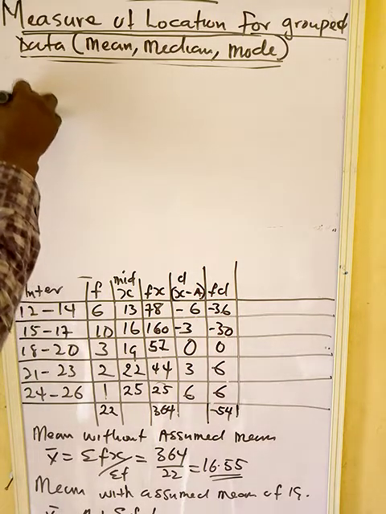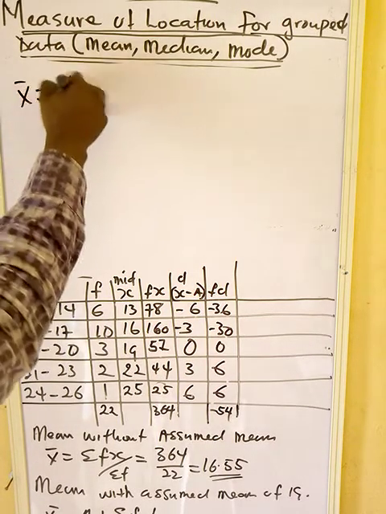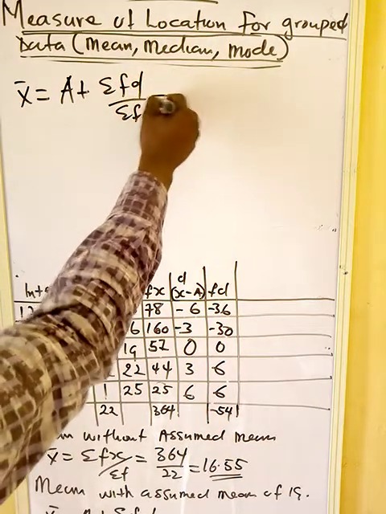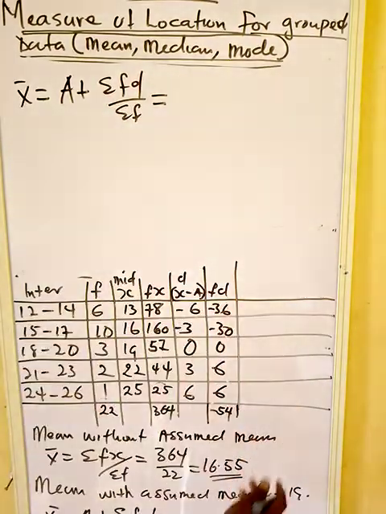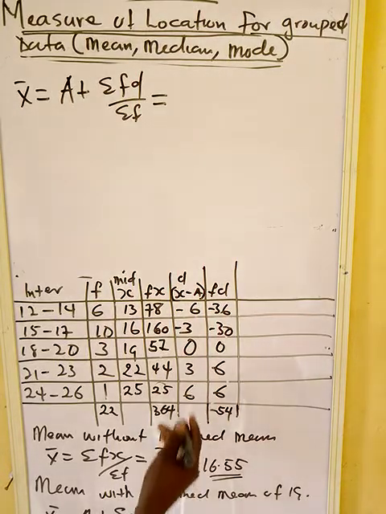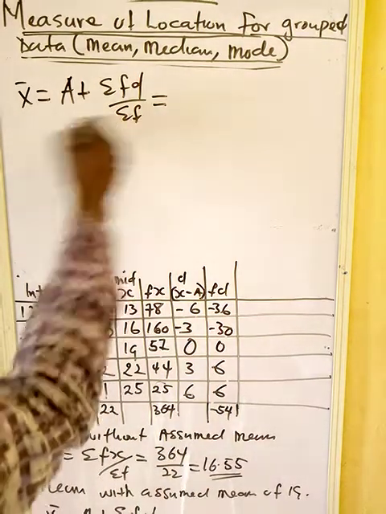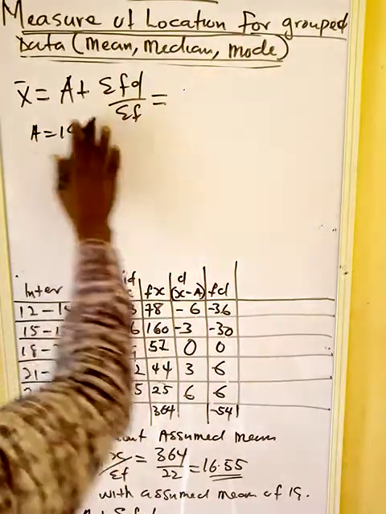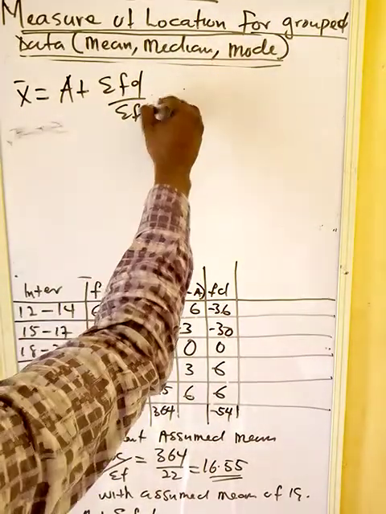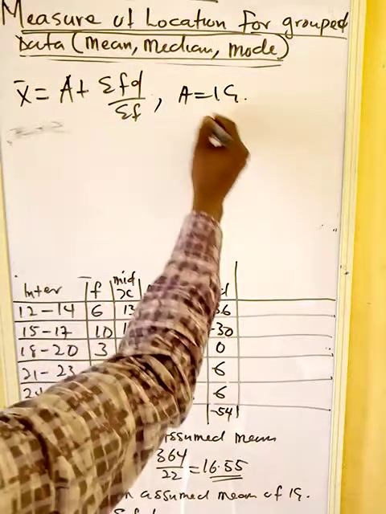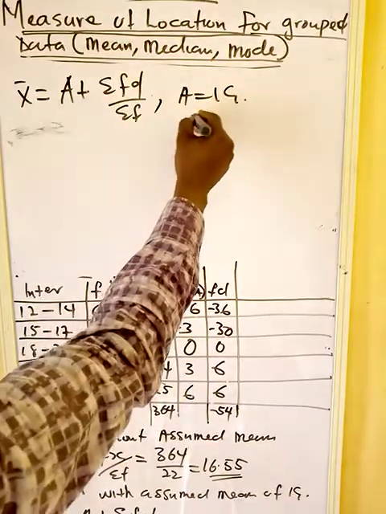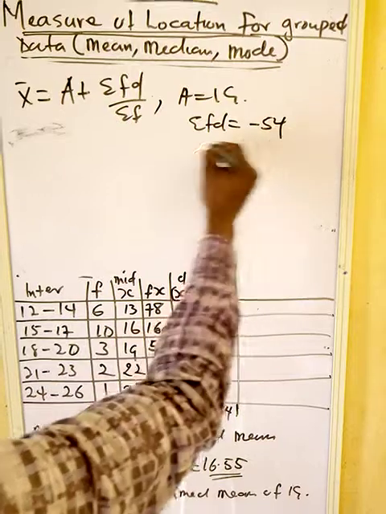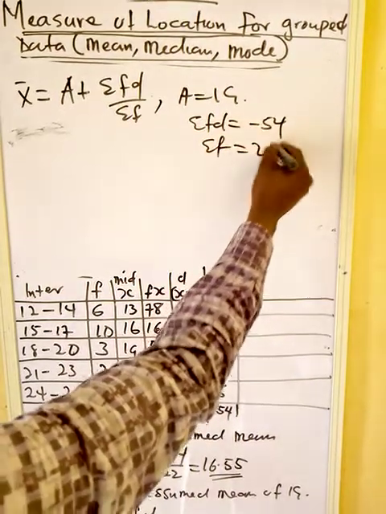So our mean with assumed mean will be A plus summation FD over summation F. Our A here is 19, with assumed mean of 19. Summation FD is minus 54, where our summation F is 22.